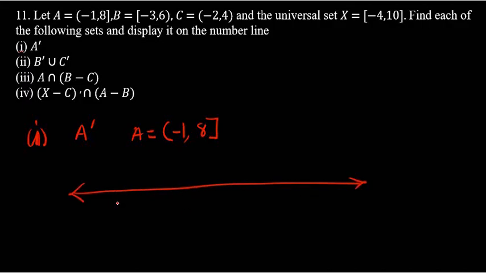you do this. What is the universal set? The universal set is starting from -4 and it's ending at what? At 10, right? Now let's draw A. In this situation it will be -1 here to what? To 8.